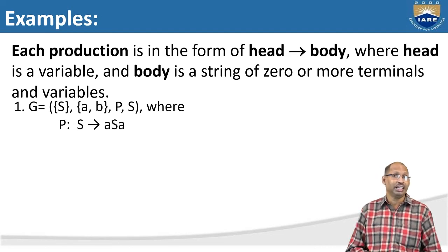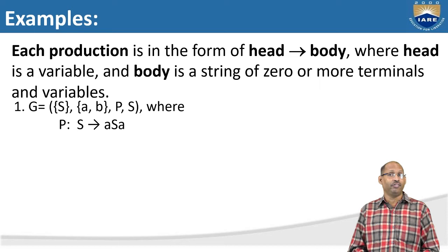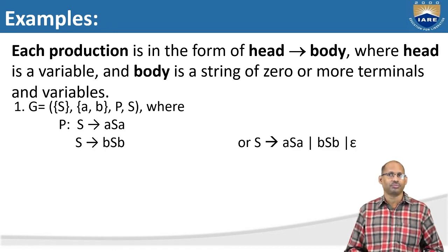We are representing the first example grammar as (V, T, P, S), right? The variables we have only one. That variable is S only. We have two terminals, A comma B. P will represent a list of productions and S will represent the starting variable.